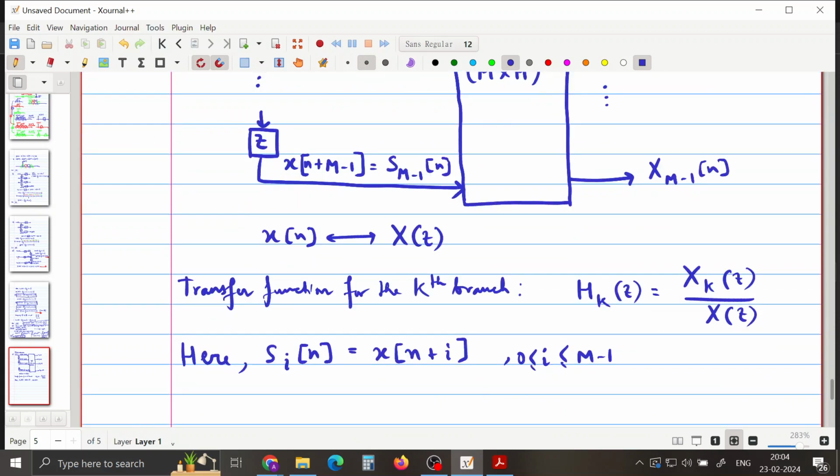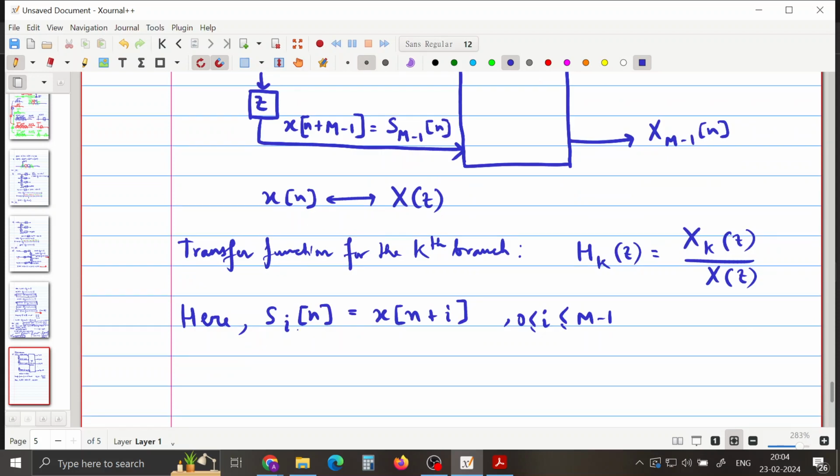So Si of n is actually the shifted version of x of n, shifted by i units. If you take the z transform on both sides, this is capital Si of z, which by the property of the z transform becomes z to the power i times capital X of z, right?